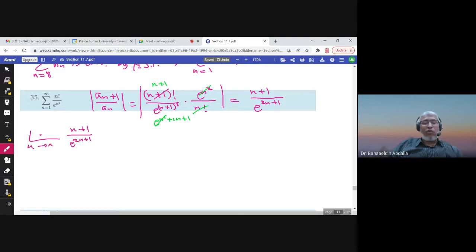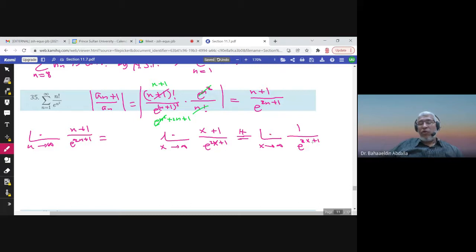When n goes to infinity, I have infinity over infinity. So I switch to x functions and use L'Hopital's. Infinity over infinity, so I use L'Hopital's. Limit of x is 1.